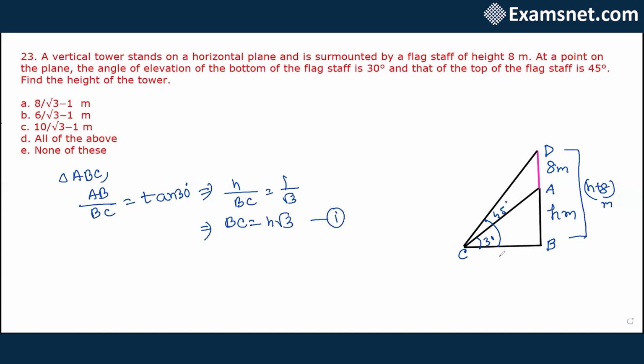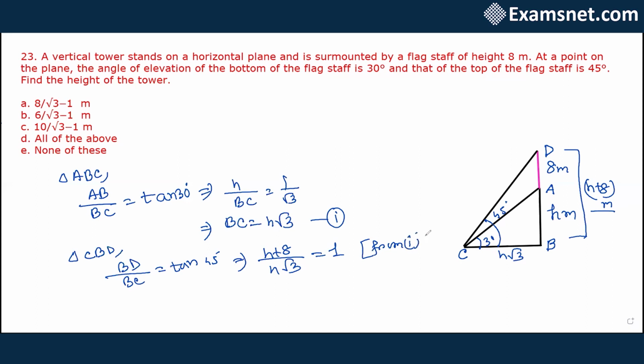Next, we can consider the triangle CBD. So here BD by BC equals tan 45 degree. BD we can write as h plus 8 meter, and BC is h root 3, which we just got from equation number 1, equals 1, since tan 45 degree gives us the value 1.